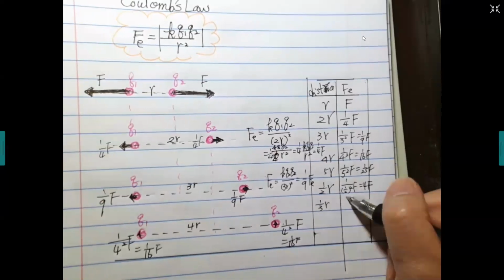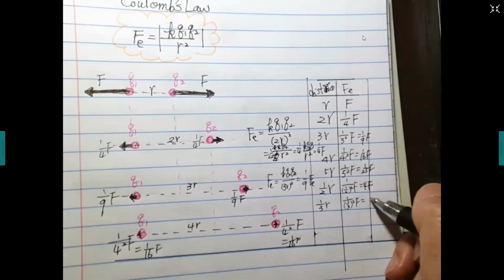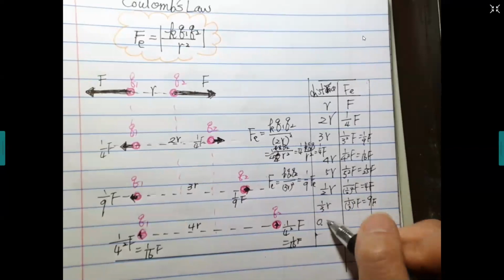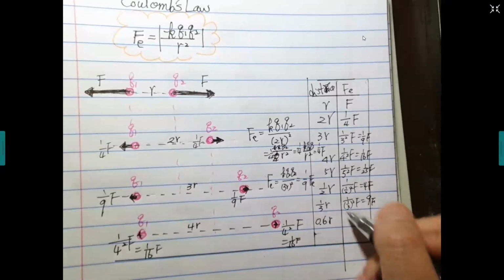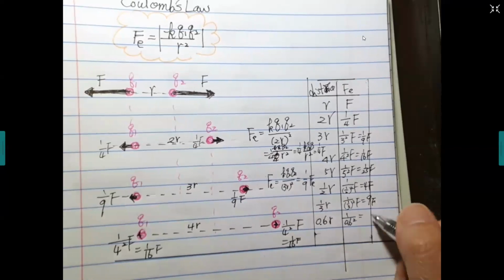Then the force will become 9 times. What happens if the separation becomes 0.6r? Then the force will become 1 over 0.6 squared times F.